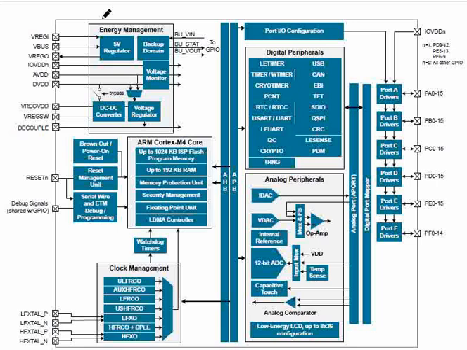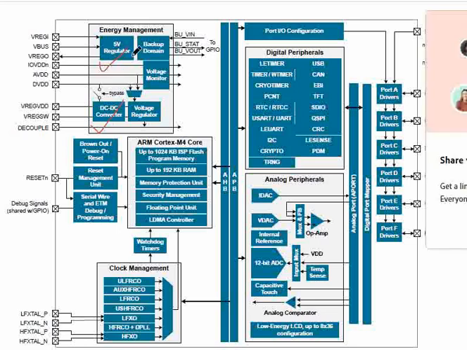Now, considering that we are talking about EFM32GG12, you can generalize this to other microcontrollers where there are internal regulators. This is the energy management unit, and you see there are two main regulators here.